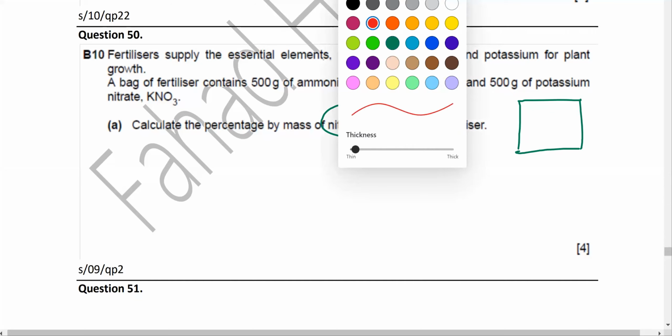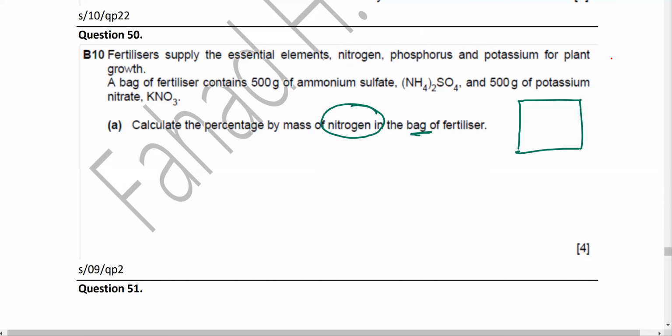So how would you do this? How would you do this? First thing, पहले तो figure out करो what's the percentage of nitrogen in ammonium sulfate. So it's going to be the mass of nitrogen, which is 14. कितने nitrogen है इस formula के अंदर? It's NH4 twice, right? So there are 2 nitrogens. And I'm going to divide it by the total.